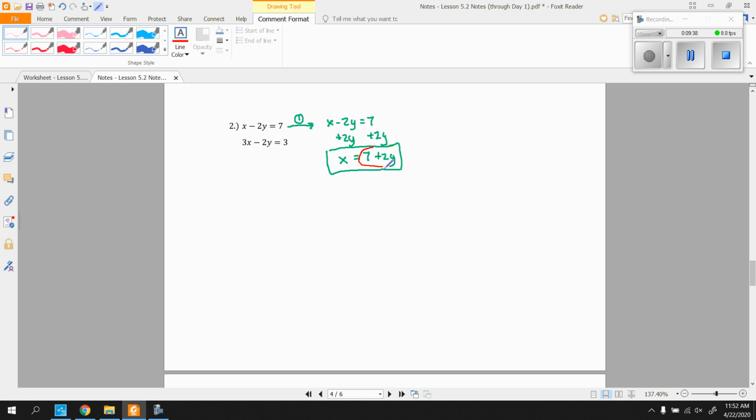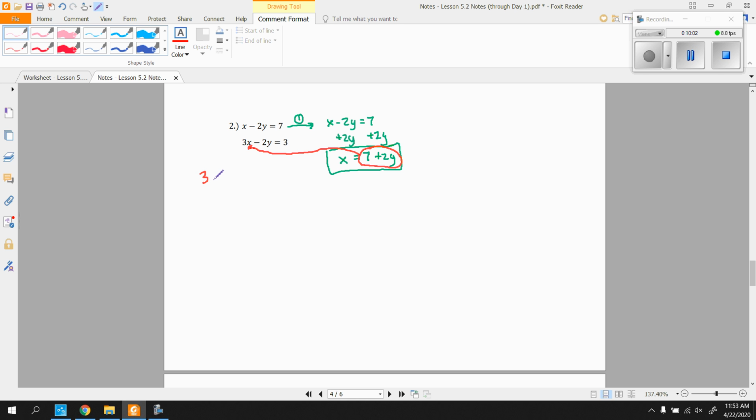Circle what's being substituted. Now I'm going to take whatever this is, 7 plus 2y, and go to my other equation, and wherever I see the x, because that is hopefully what we've solved for, we've got the x by itself, and then we copy it down just like we did the last time.